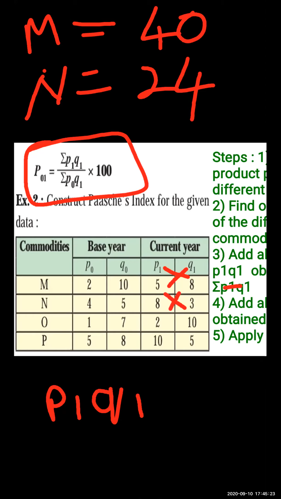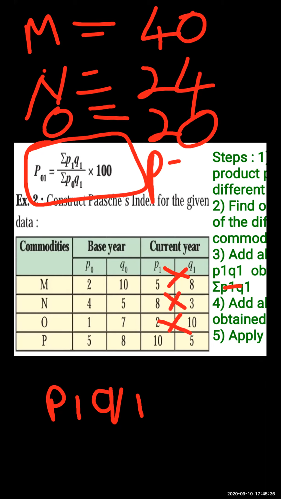Next commodity O, 2 10s are, good, 20. And the last but not the least, P, what will be the P? 10 into 5? Yes, very good, 50.